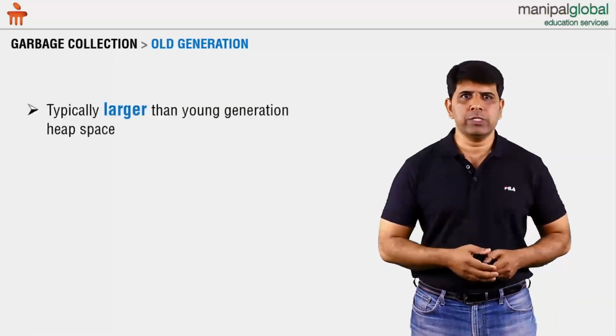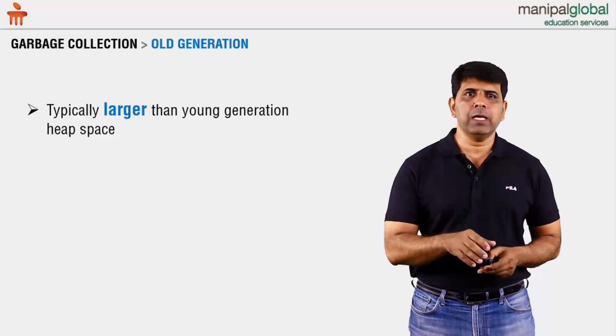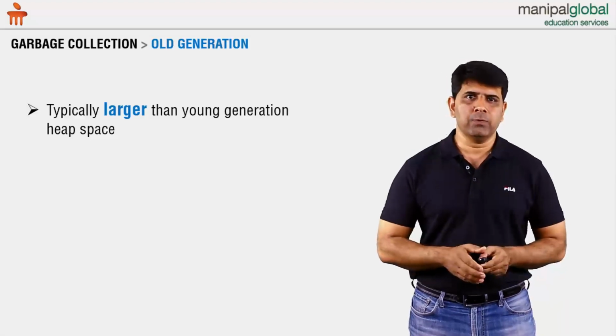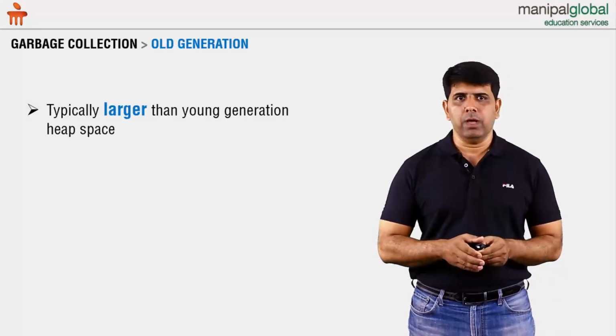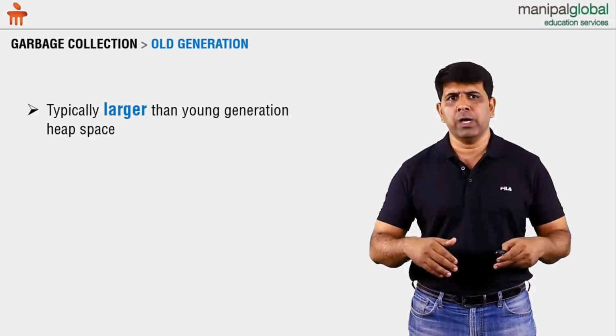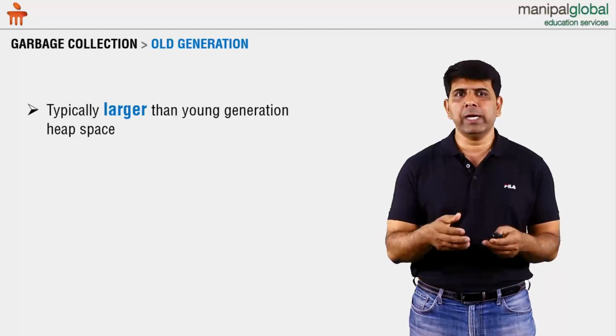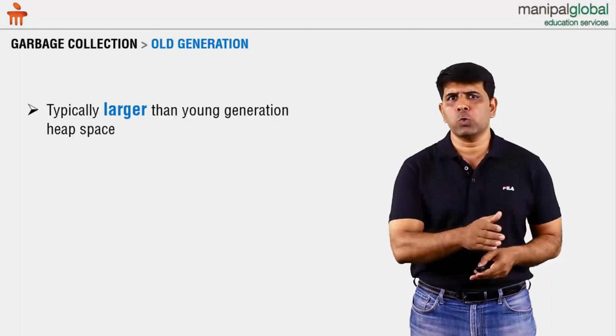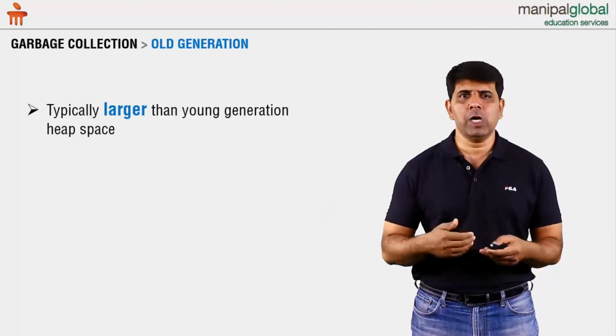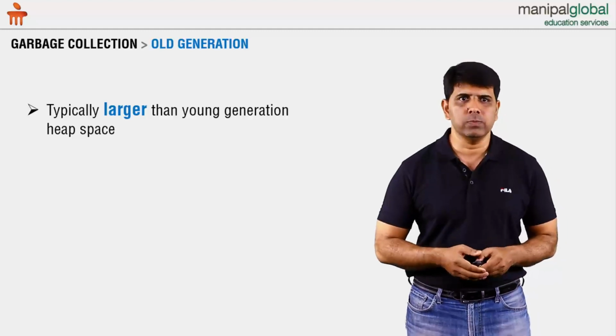So let's look at old generation. Typically they are larger compared to that of younger generation. The number of garbage collection cycles that take place is very small, but when it happens, it has to sweep a big area, and we call it a major garbage collection too.